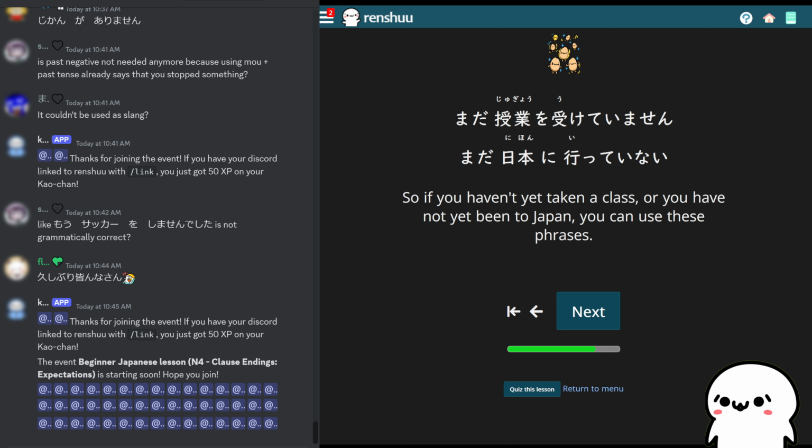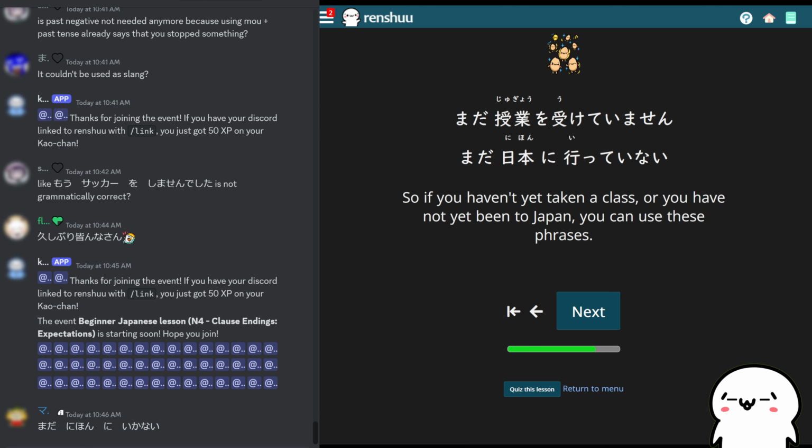Compare that, though, to this. I'm typing it out real fast. So, same sentence, except we don't have the progressive form, we have just the simple verb. まだ日本に行かない. This one as well, because there's まだ, that means not yet.